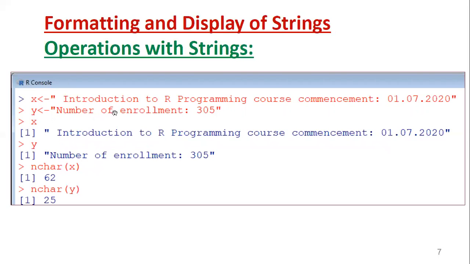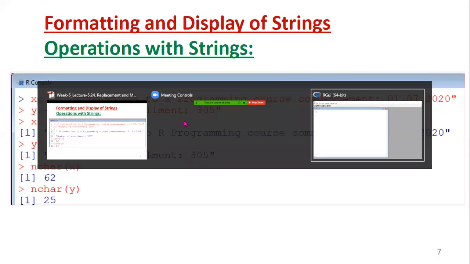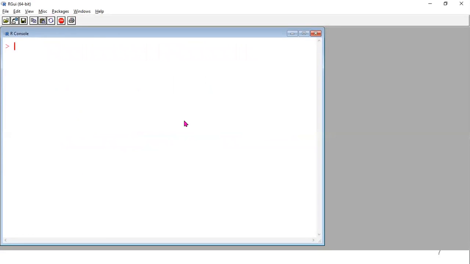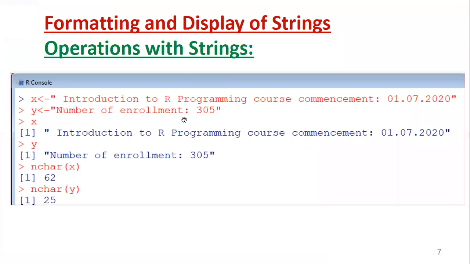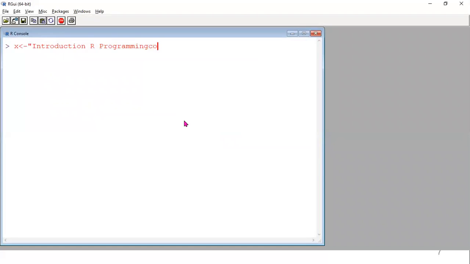Now we will also demonstrate this one. So create two character vectors. The first one, what we have taken: x equal to "Introduction to R programming course". The same we will take to test the values.